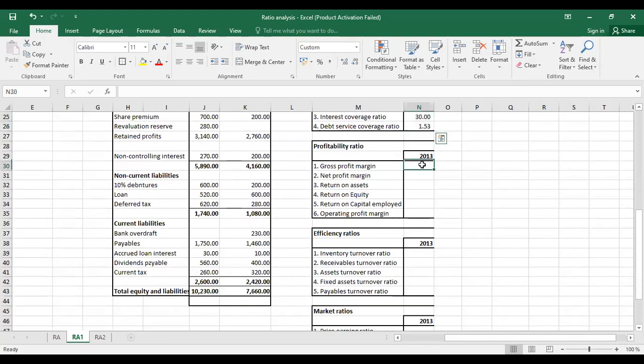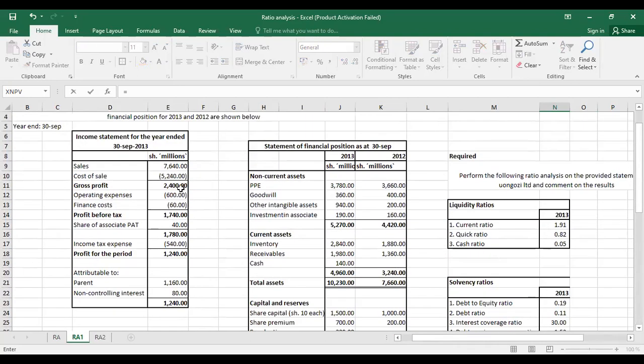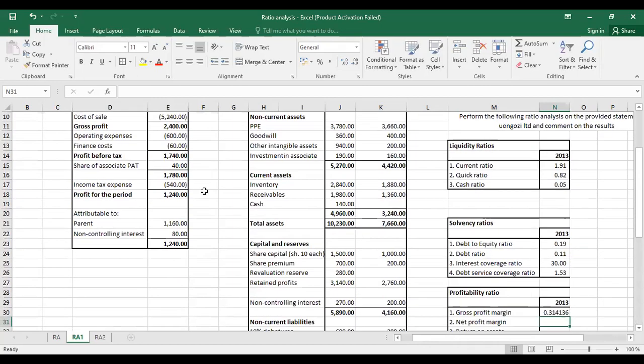As we proceed, while I'm looking for the files, gross profit margin is just the gross profit divided by the sales, times 100. You can do times 100 or just do percentage there, with two decimal places.